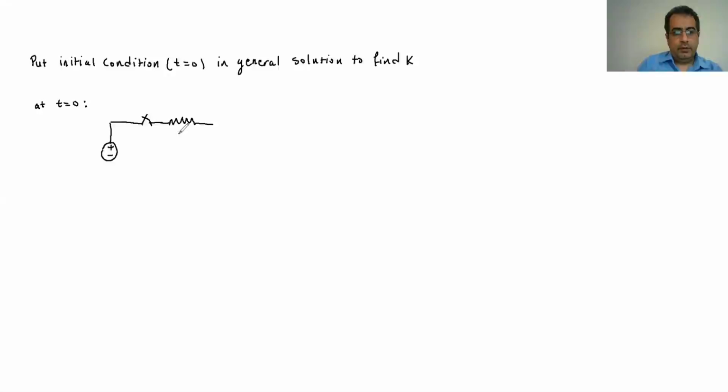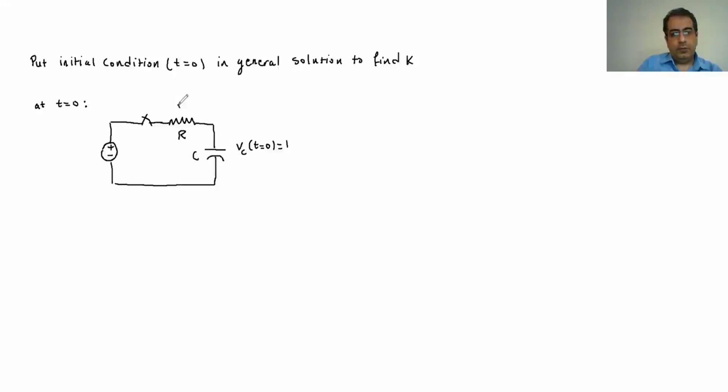So it's going to be the R, and it's going to be the C, and it's going to be here. We know at the very beginning, the VC at T0 is 1 volt. We know that.